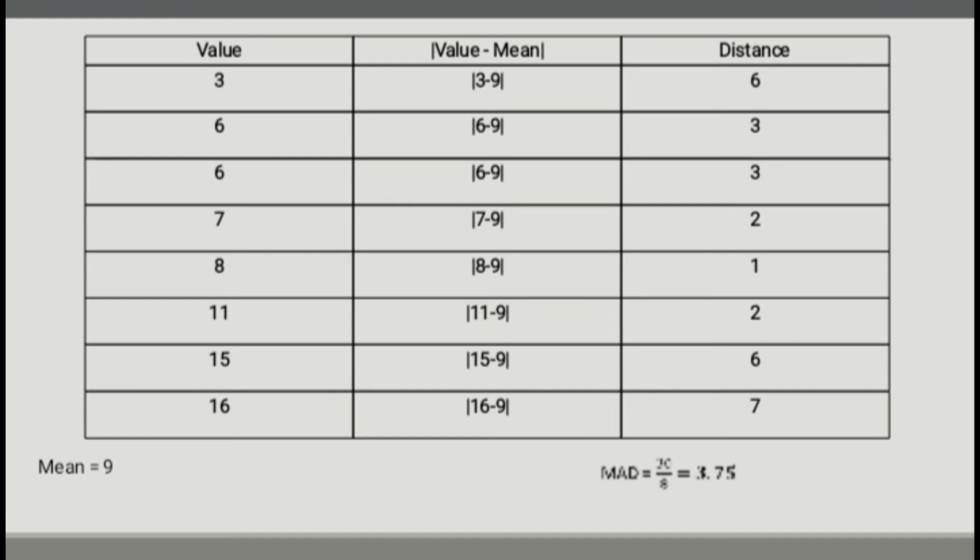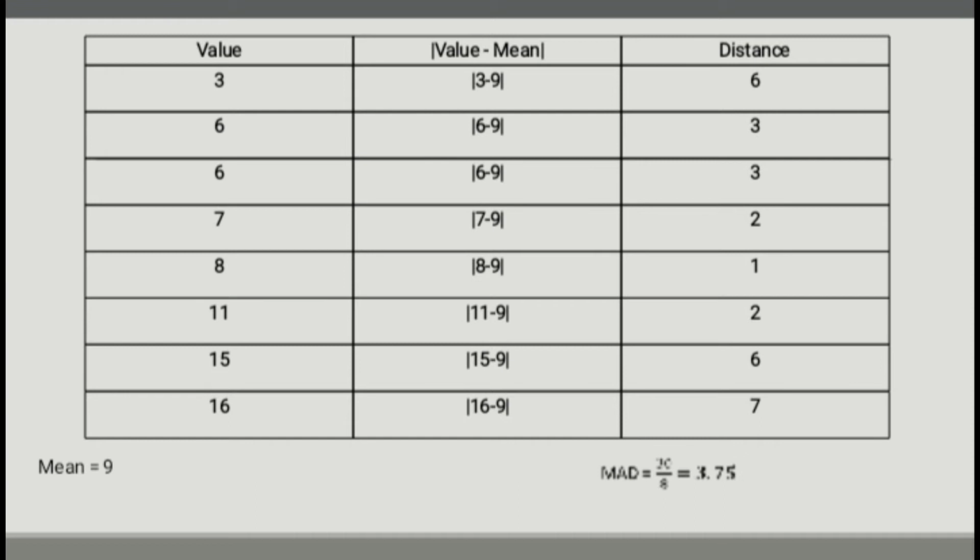The given values, we are going to subtract the mean, which is 9. So each value, we are going to subtract it inside the absolute value. So first, 3 minus 9 is negative 6. Inside the absolute value, it will become positive 6, and that is the distance of the first data.